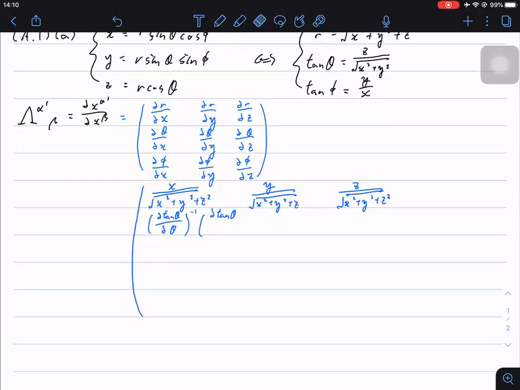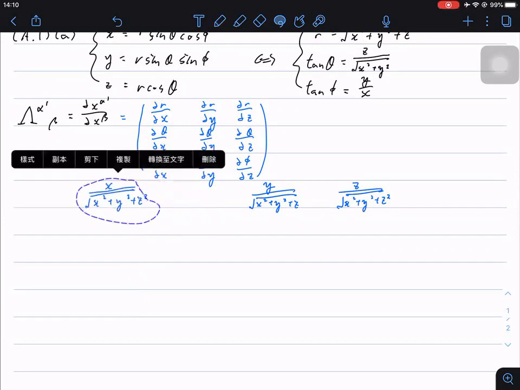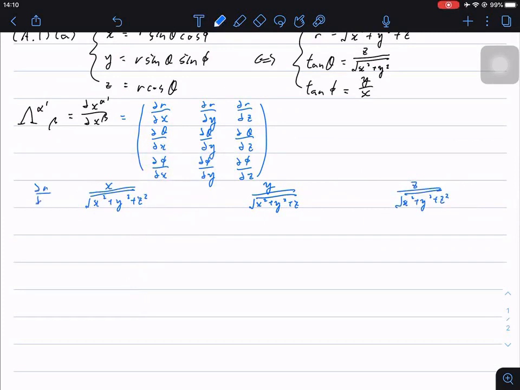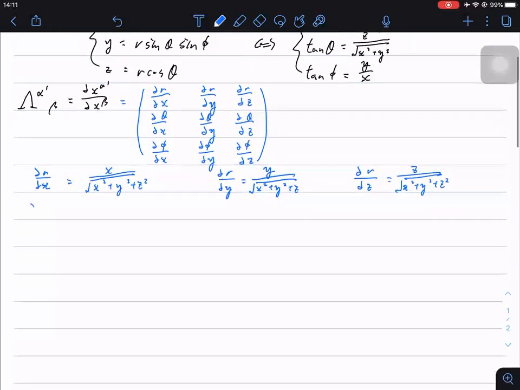Better not write it in matrix form. Let me write it down in more detailed steps. So here is partial r partial x, partial r partial y, and partial r partial z. Also for partial theta partial x, we have to use the chain rule.